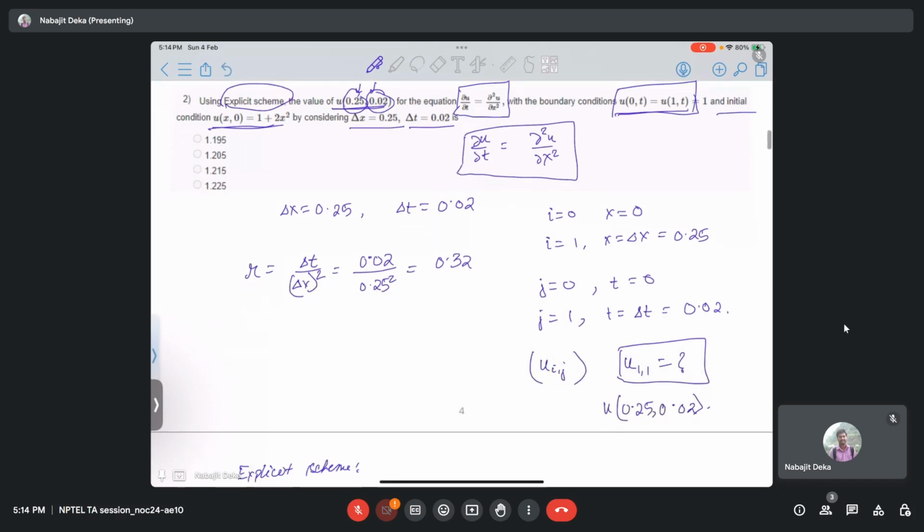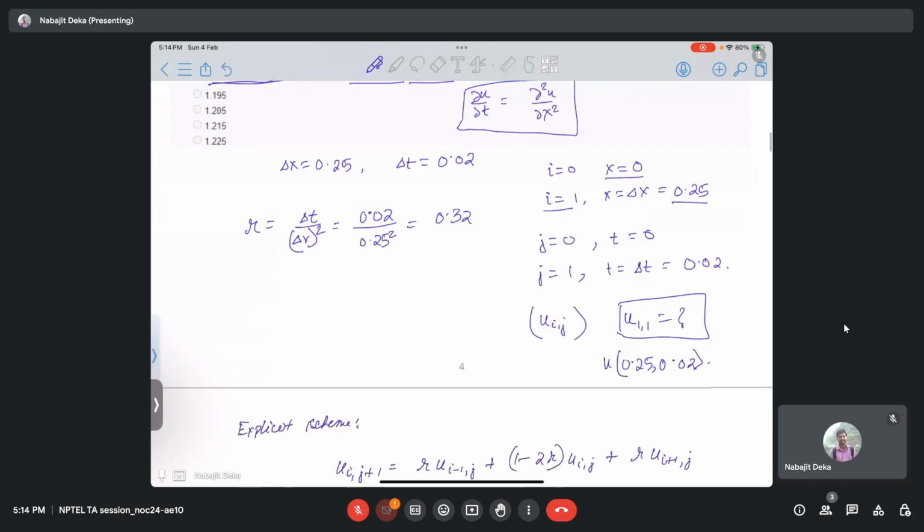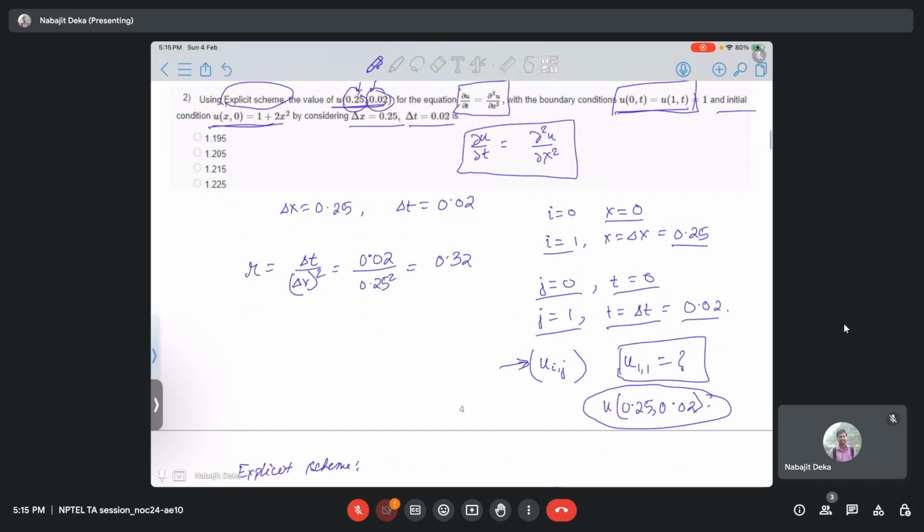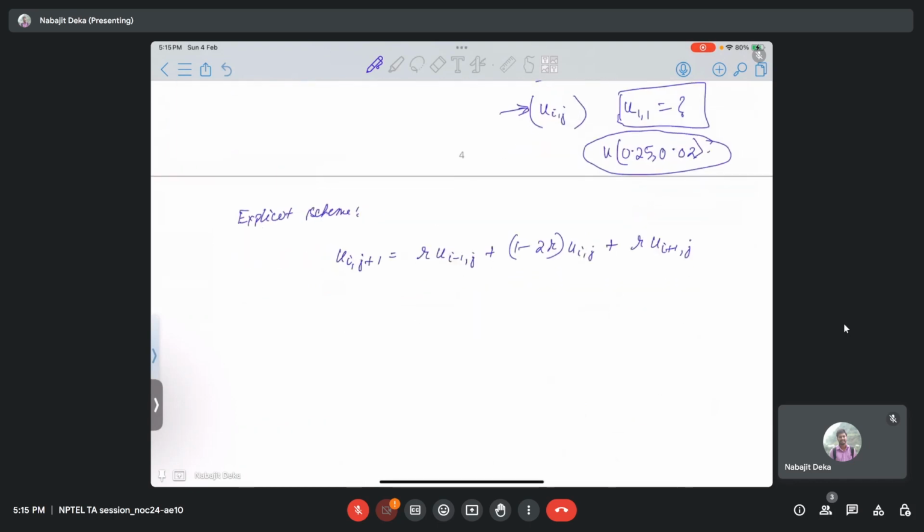So for i equal to 0, x is 0, and i equal to 1, x is delta x, so it's 0.25. For j equal to 0, t is 0 initially, and at j equal to 1, t is delta t, so it will be 0.02. So effectively, if we represent the dependent variable as u i comma j, we need to find u 1 comma 1 for x equal to 0.25 and t equal to 0.02. So first of all we find the r value, delta t by delta x square. Then we know the explicit scheme.